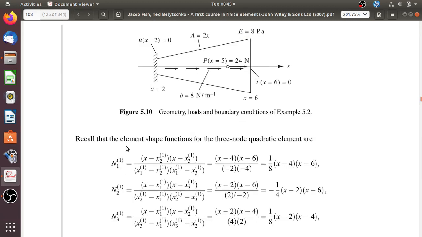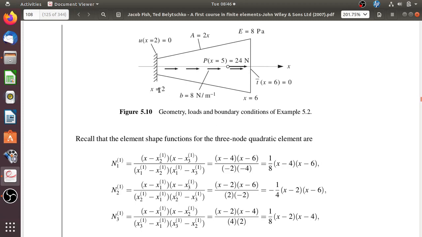Remember the shape function has to be such that when I substitute x equal to 2 for this one, it should give 1, and when I substitute x equal to 4 or 6, which are the other nodes, it should give 0. You could verify it.